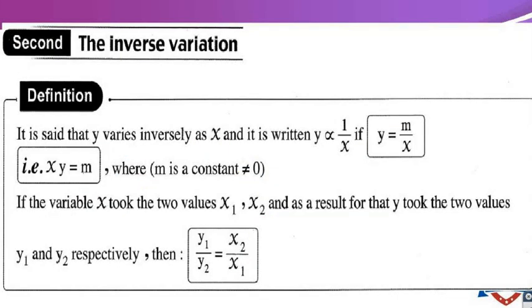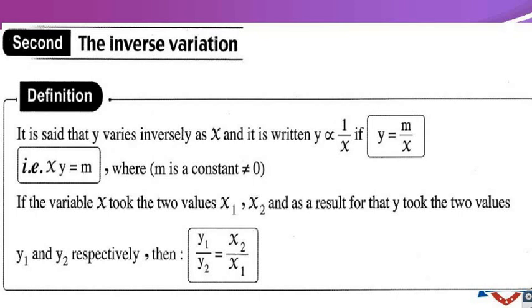Second, the inverse variation. The inverse variation is the relation between two variables x and y. If the value of x increases, then the value of y decreases, inversely. Again, if the value of x increases, then the value of y decreases. If the value of y decreases, then the value of x increases.